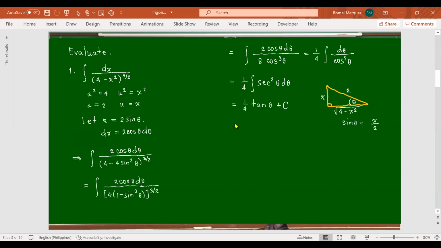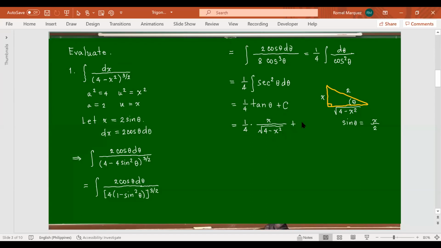Okay? So how do we read the value of the tangent function, guys? Tangent theta is equal to opposite over adjacent. Adjacent is the square root of 4 minus x squared. Opposite is x.